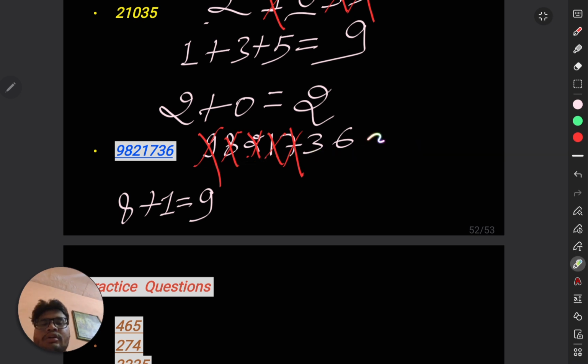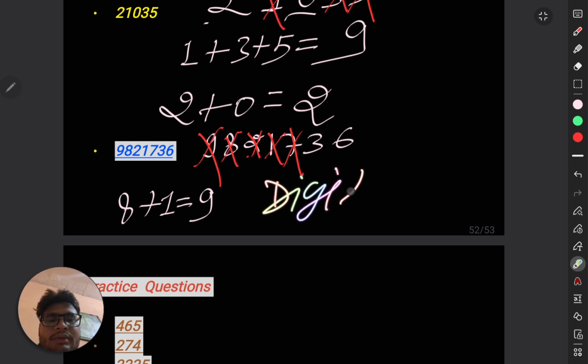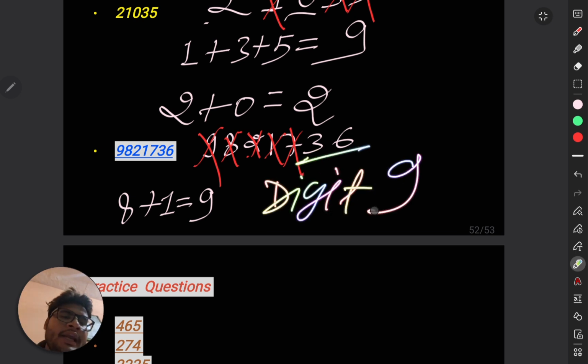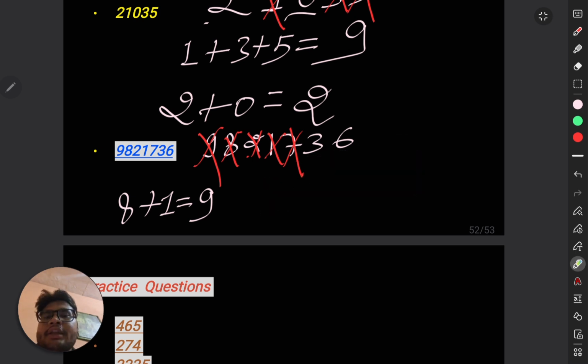Only these figures are available. So you can say the digit sum of this number will be, when we add these numbers, we will get 9. And also you can cast out, you have a choice, and both answers will be correct.